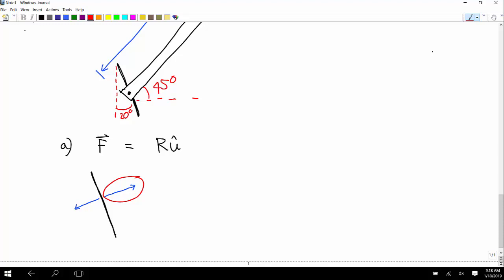So let me draw the coordinate system. Okay, so there's the coordinate system. There's the x-axis and the y-axis. We need to do this with vectors, and all these vectors' tails have to be at the origin.